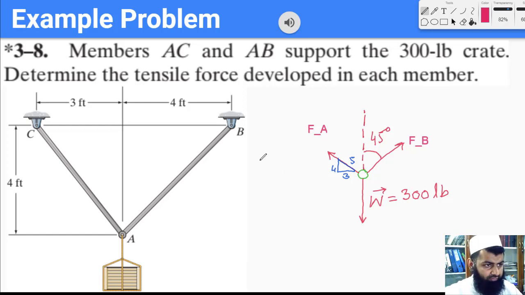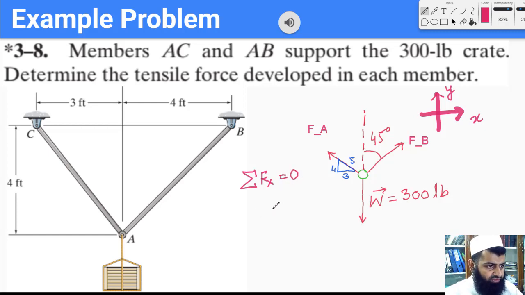First of all we need some axes. So let me draw these axes. This is my x axis and this is my y axis. Now I would first of all write the equation in the x direction. So we have the sum of all the forces in x equals 0.